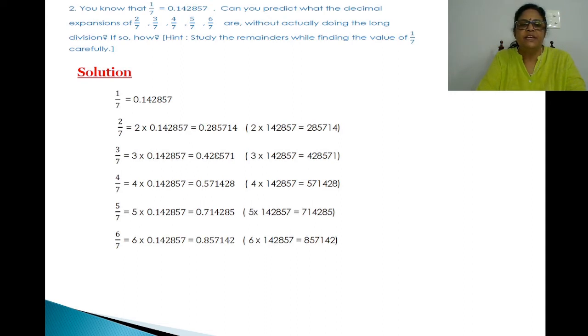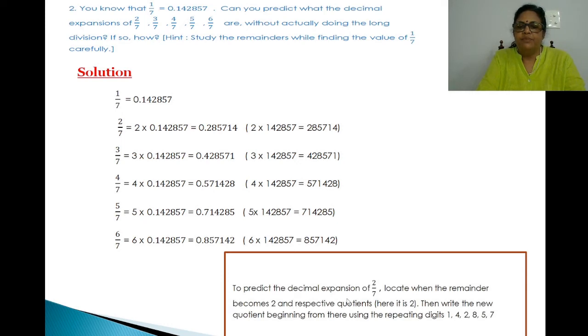Here you can see 142857 in each one. That means these digits are repeating.